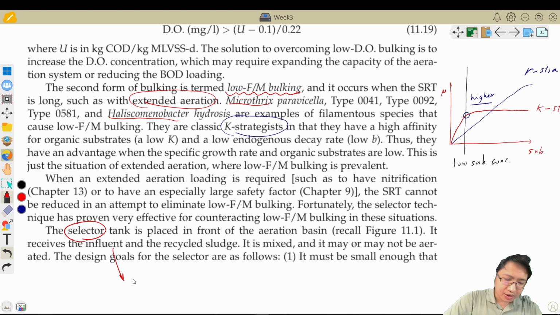Here you have a high organic concentration, so the recycled sludge will contact the high organic concentration influent, and they can take up the biodegradable organics very fast, and thereby outcompete the K strategist filamentous bacteria.